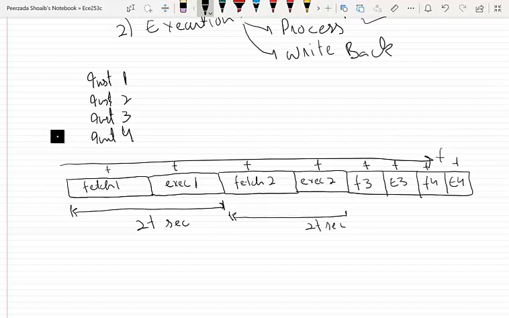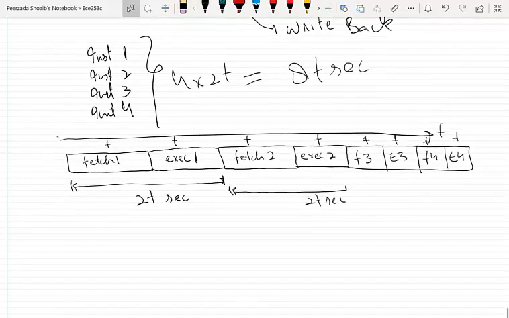That means for these 4 instructions, the total time taken by the processor to execute all these 4 instructions was actually 4 into 2t, that means 8t seconds. This is the non-pipelining system.